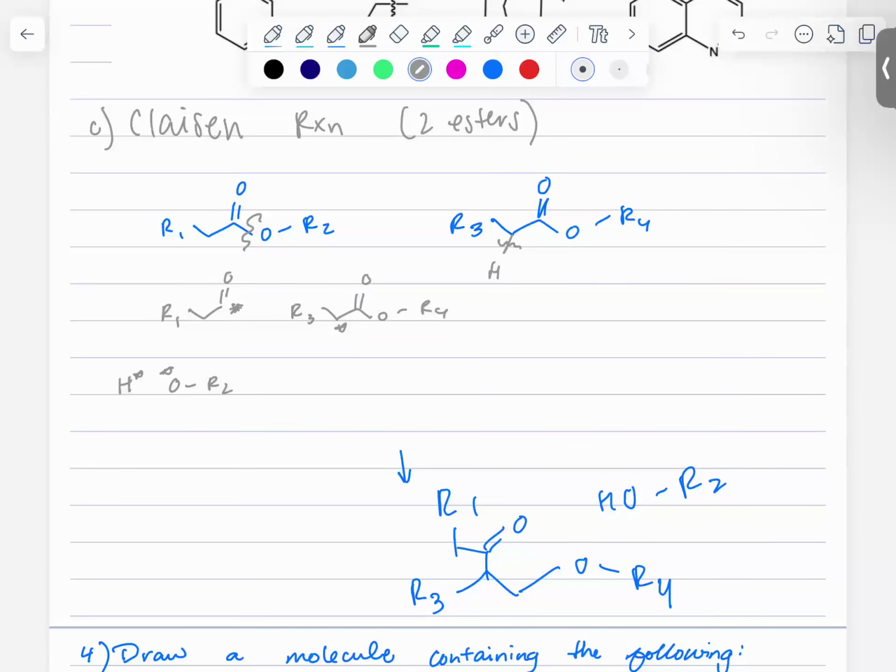What newly formed bonds should I indicate in our products? Which one? Which side of the alcohol? To the proton or to the carbon? Mm-hmm. What else?